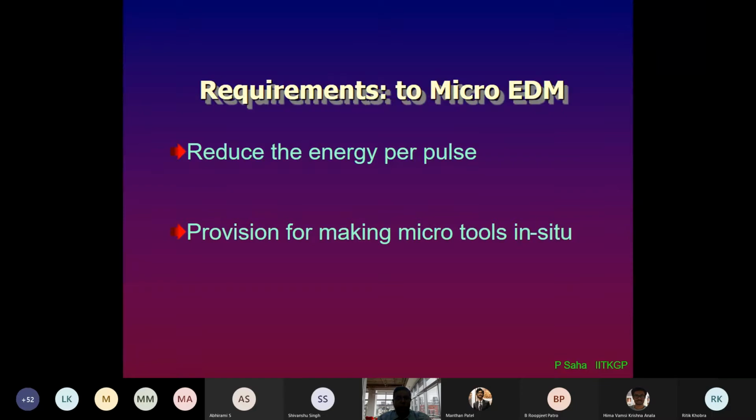Then although the tool is very small, when the spindle rotates along with the tool, that tool will move in a very eccentric fashion.